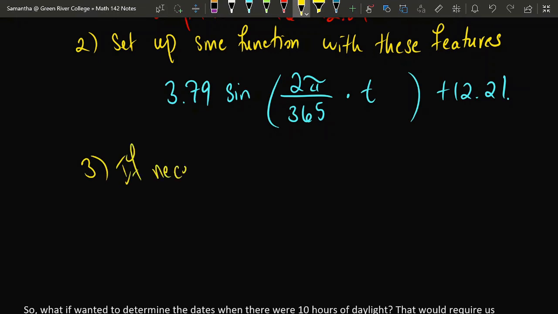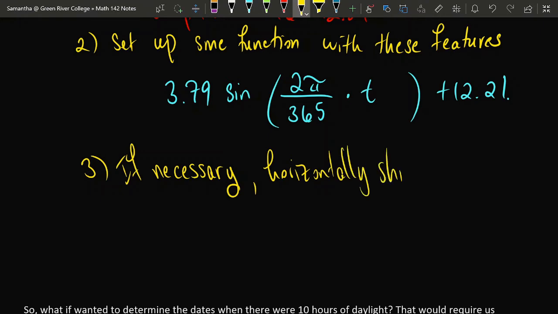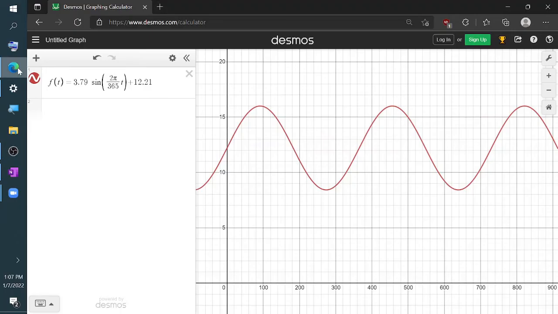If necessary, to get the wave to match the data in the problem, let's horizontally shift. So here I am on Desmos, looking at the current best guess that we have of a sinusoidal function which matches the real-world cyclical behavior.